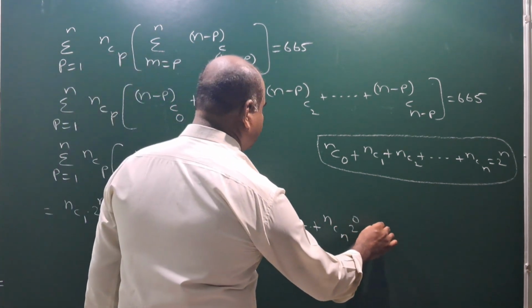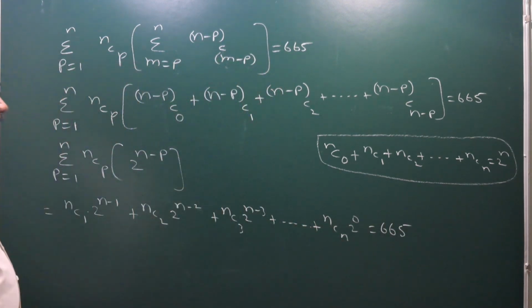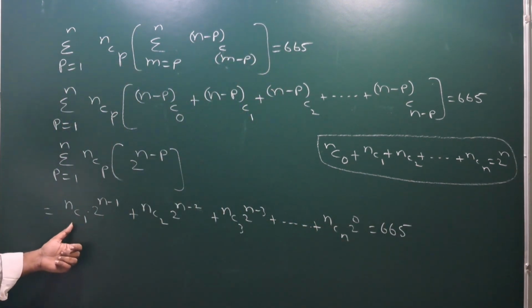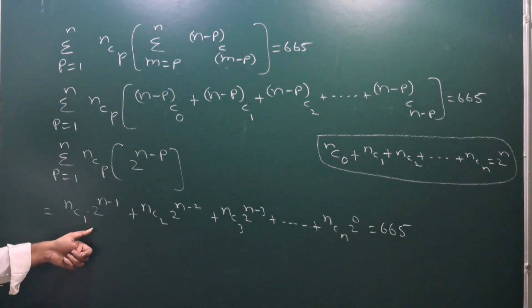So this is equal to 665. By observing this expansion, here one term is missing, we know that it is NC0 into 2 power n.